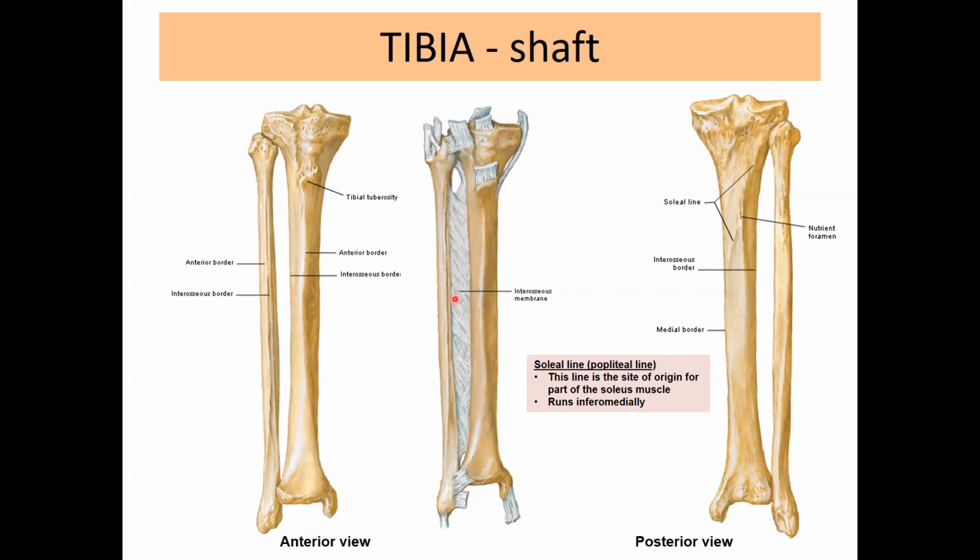So this is the interosseous membrane. Posteriorly, you can identify the soleal line here. The soleal line is the line running inferomedially towards the medial side. It provides a point of muscle attachment, which is for the soleus muscle.